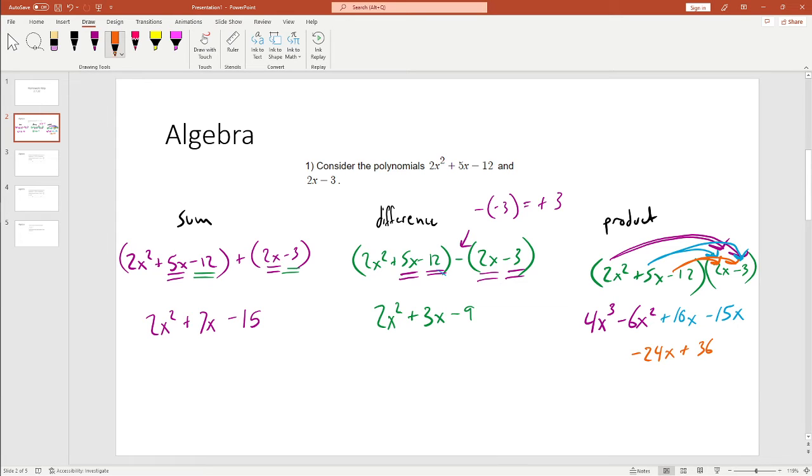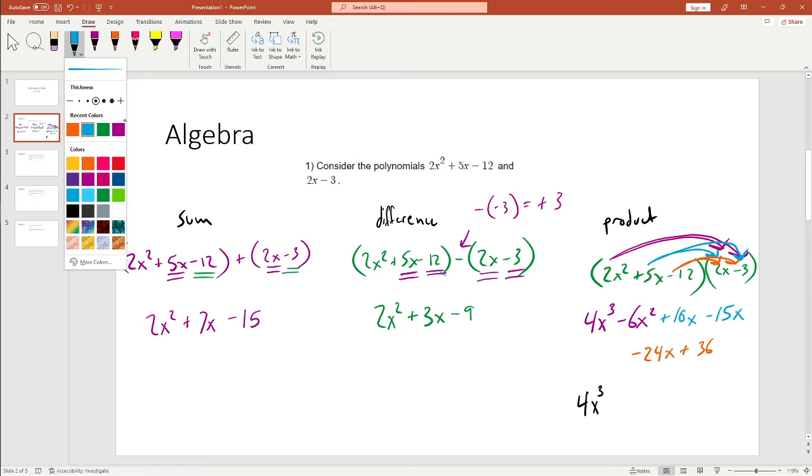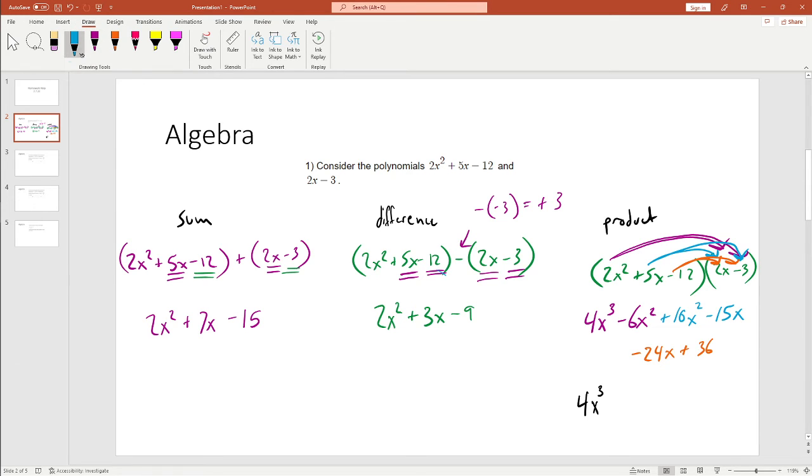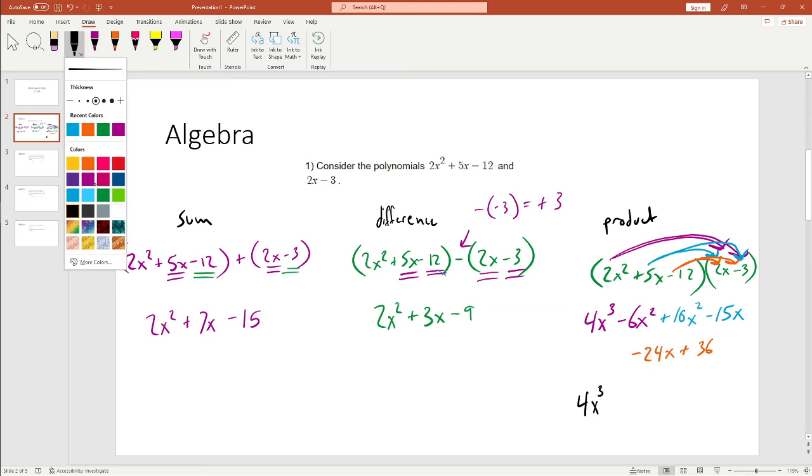And then you just combine your like terms like we did for the sum and the difference. There's only one x cubed term. There should be 2 x squared terms, right? I messed something up. Oh, that 10x should be 10x squared. So let me combine those two.